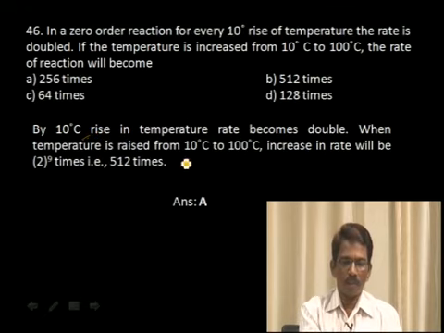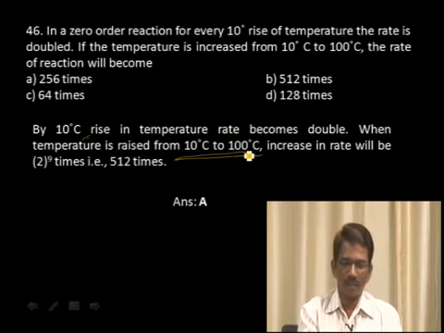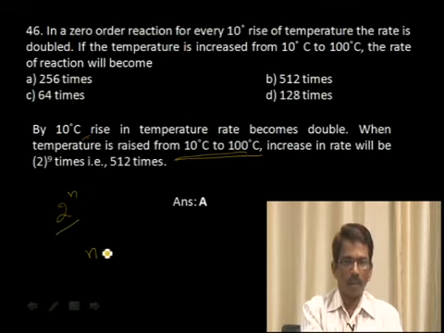When the temperature is raised from 10 to 100 degrees centigrade, the increase in rate is equal to 2 to the power n times, where n is given by the difference in temperature, that is 100 minus 10 divided by 10, which is equal to 9.